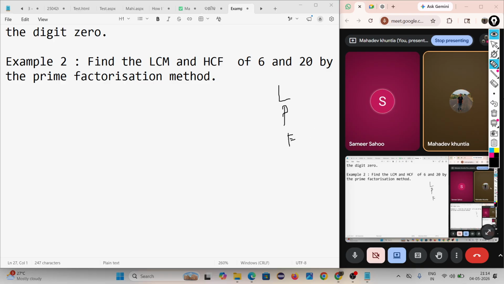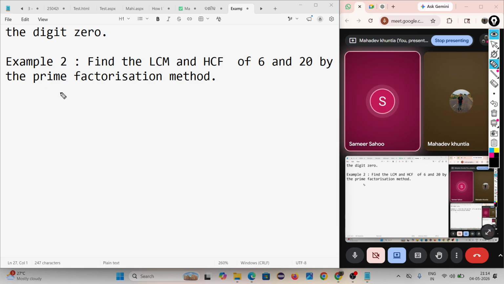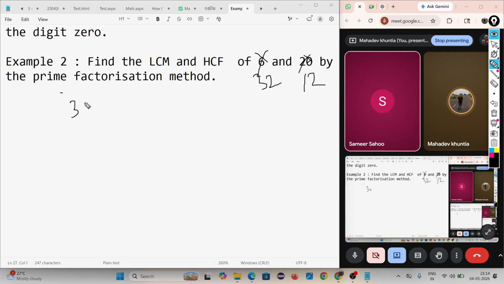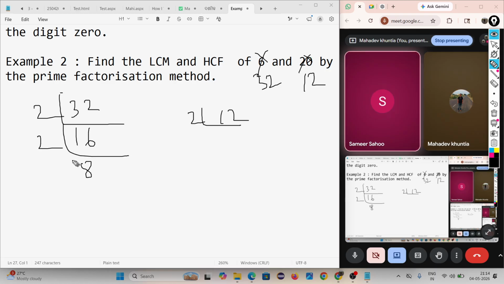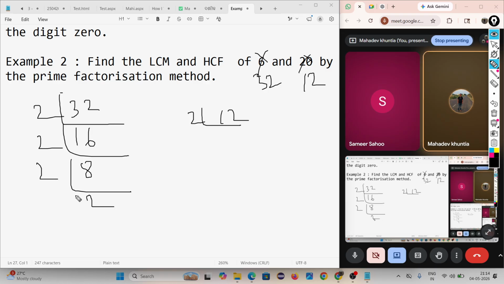Okay, so look, I am doing this. Instead of 6 and 20, I am finding for 32 and 12. Tell me, what are the factors of 32? You have to do prime factorization. You know prime factorization? 32, 16, then 2, 8, 2, 2, 2.